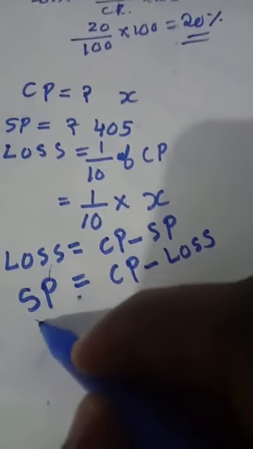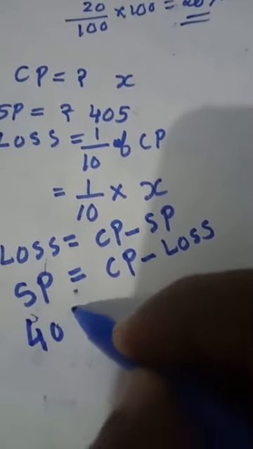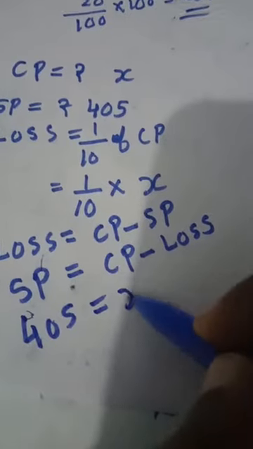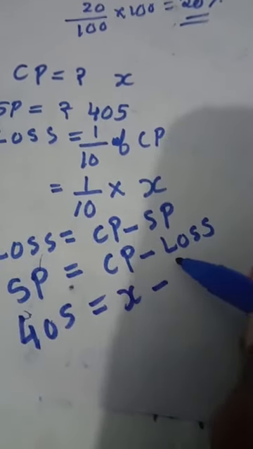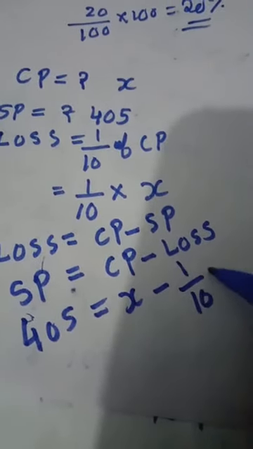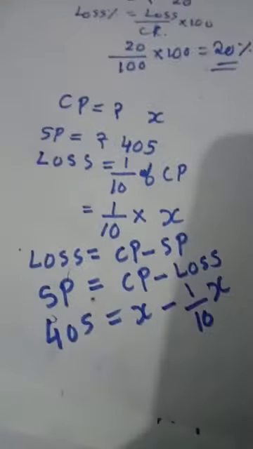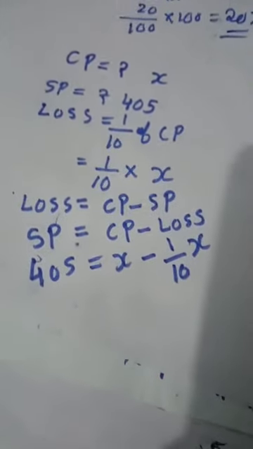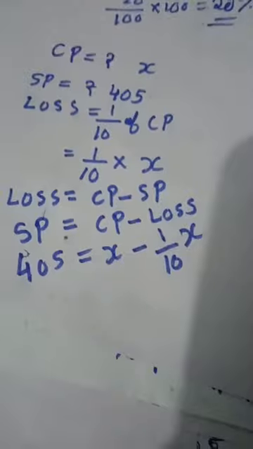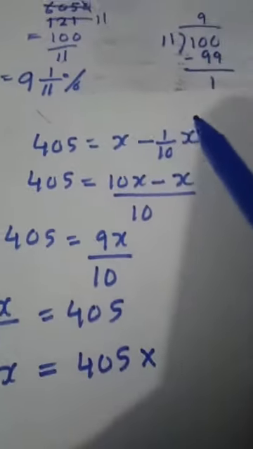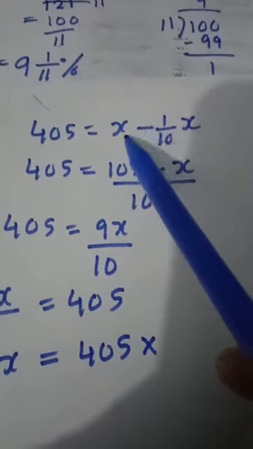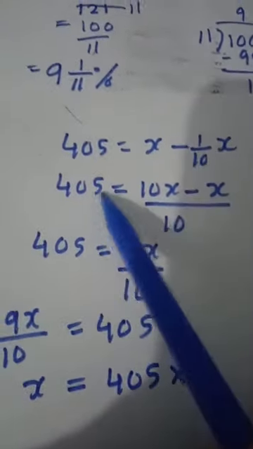So what is SP here? SP given, 405, is equal to CP x minus loss 1 by 10x. Now solve this equation. 405 is equal to x minus 1 by 10x, that is CP minus loss.